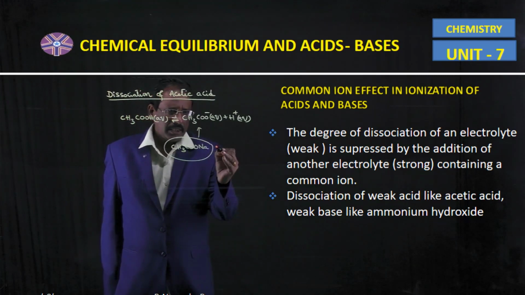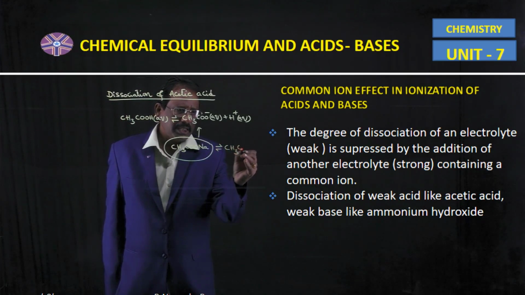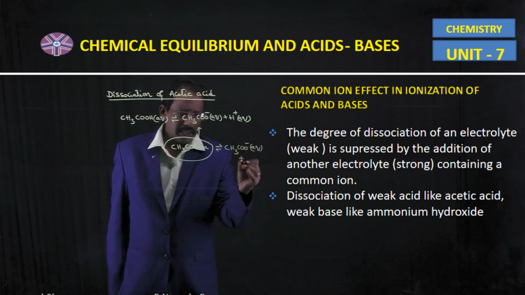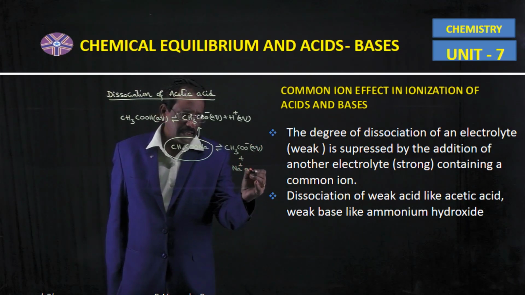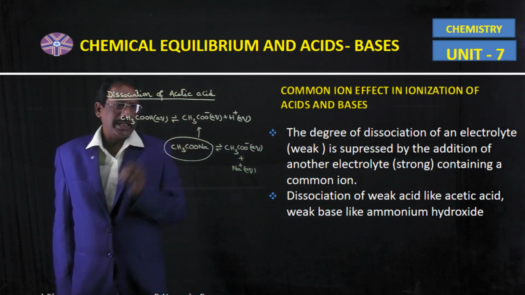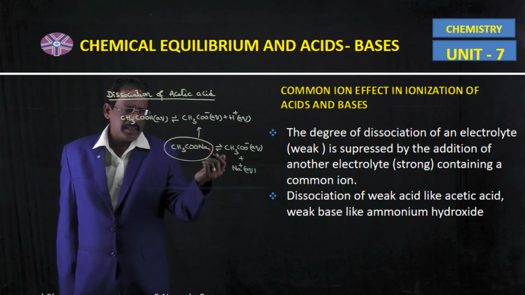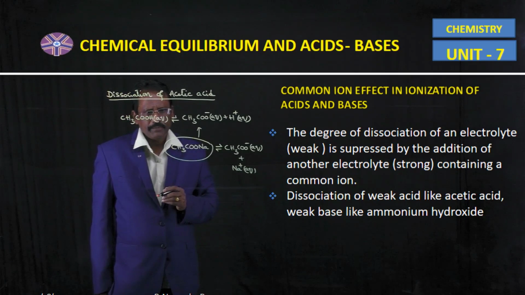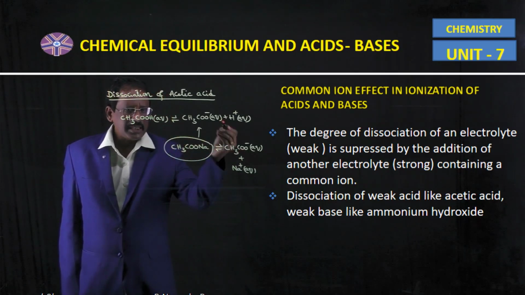It dissociates very easily into acetate anion and sodium cation in aqueous medium. So this is a very strong electrolyte, and this is a weak electrolyte. If you add sodium acetate to this dynamic equilibrium, sodium acetate contains acetate ions.